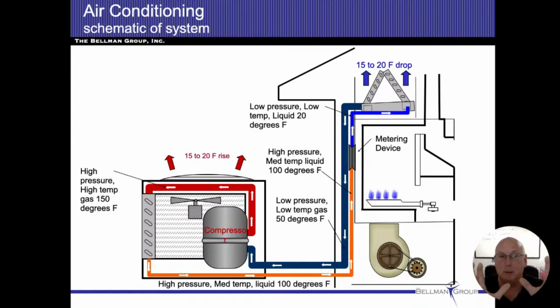So when the system is fully up and running, as I continuously add pressure to the system, the metering device is continuously releasing the same amount of refrigerant so that I could get that equilibrium of pressures. I'm forgetting my word here, going from a liquid to a gas or gas to a liquid. My change of state is what I was looking for.